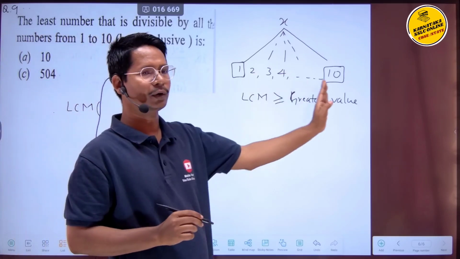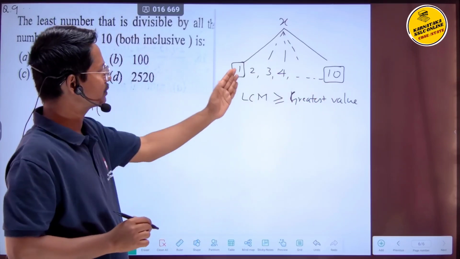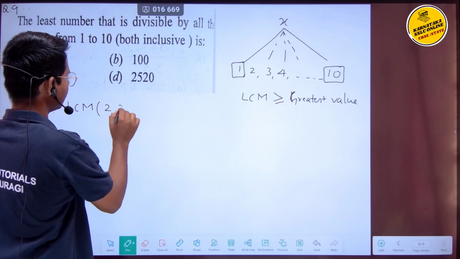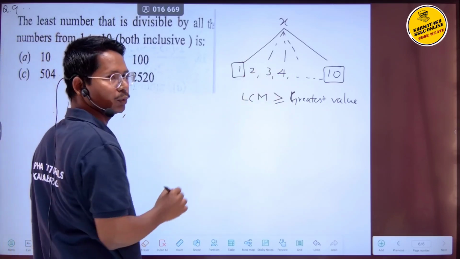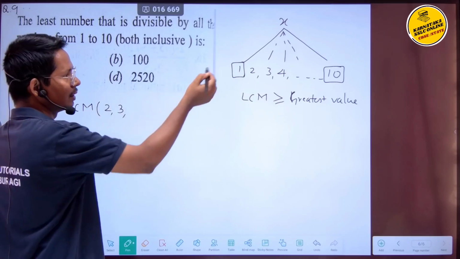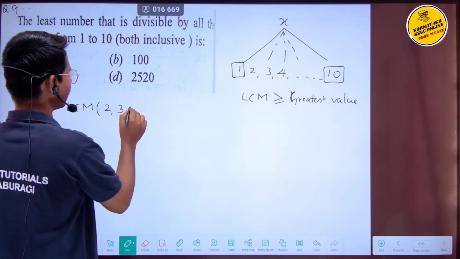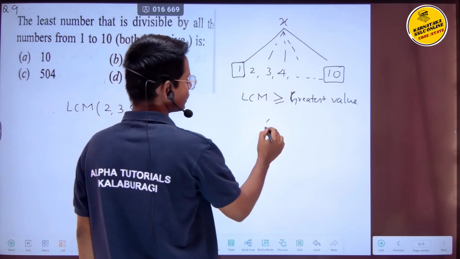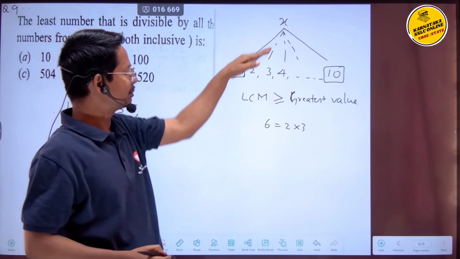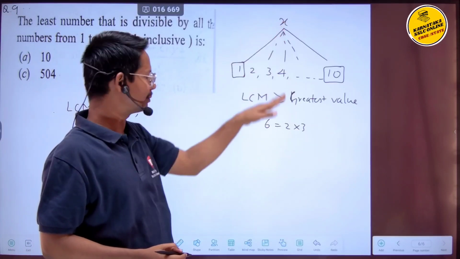I need not find all the factors. The factors which are common I can take. So I can take 2, I can take 3. 4 means you can write 2 into 2, so already have covered the 2, no need to take 4 again. 5 I can consider. 6 you can write 2 into 3, isn't it? If a number is divisible by 6, that number is also divisible by 2 and 3.